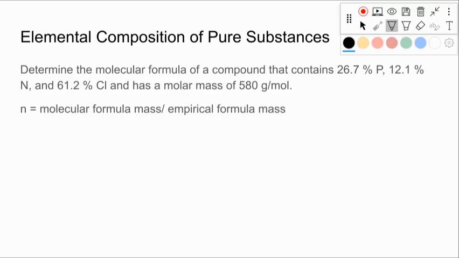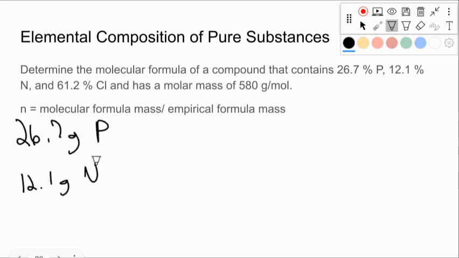So in this problem, I have P, N, and Cl. It gives me percent, so I'm going to have to first work it out where I'm doing 26.7 grams of P, and then 12.1 grams of N, and then 61.2 grams of Cl.